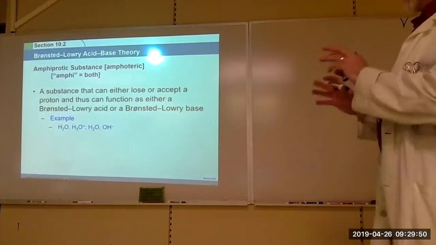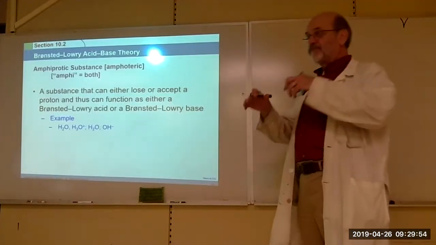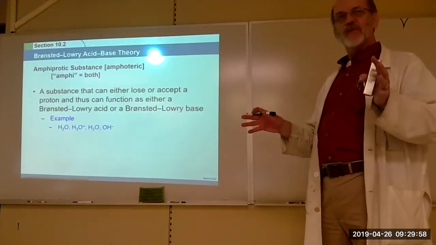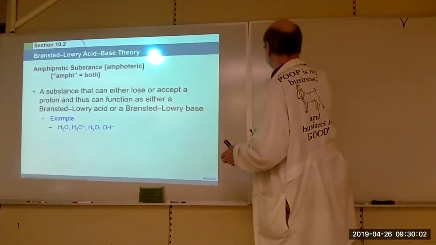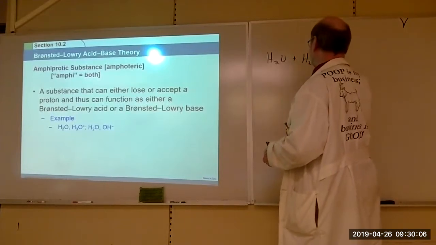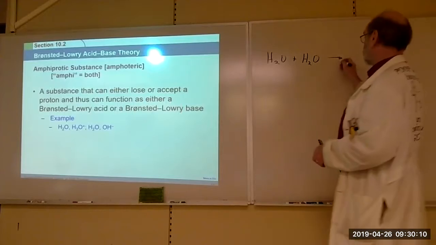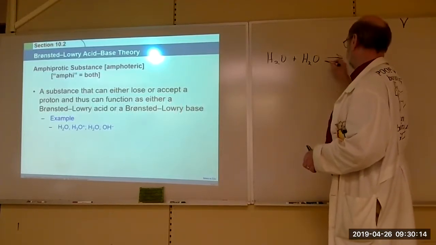Now let's look at water. Not in solution, pure water. There's nothing in there but H2O. It will react with another water molecule. Actually, it's in equilibrium. It goes forwards and backwards.